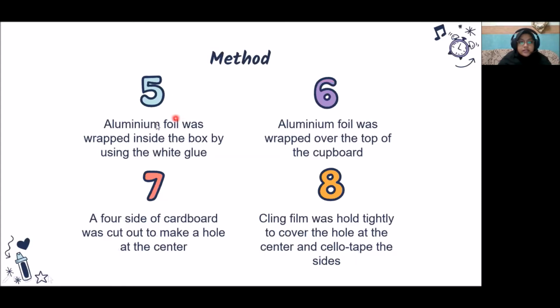The fifth step is that aluminium foil was wrapped inside the box using white glue. The sixth step is that aluminium foil was wrapped over the top of the cardboard. The seventh step is that the top of the cardboard was cut out to make a hole at the center. The eighth step is that cling film was held tightly to cover the hole at the center and the sides were sealed with sellotape.